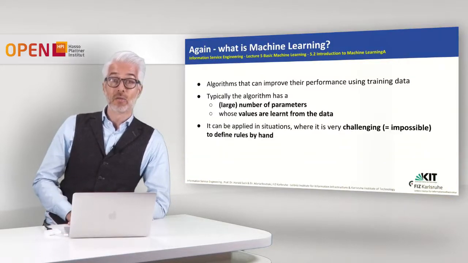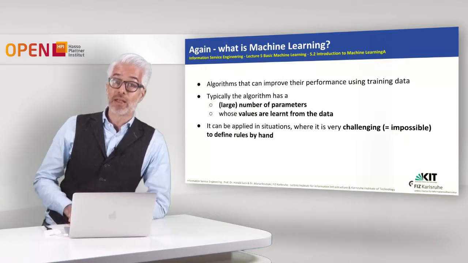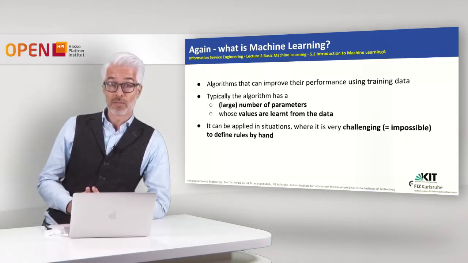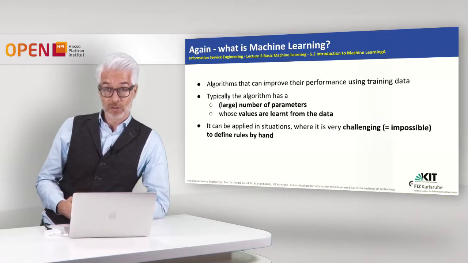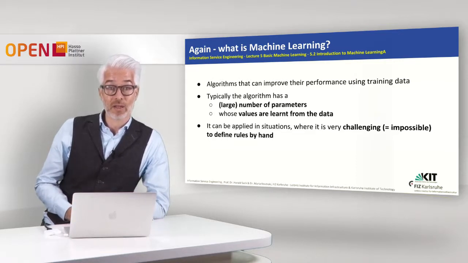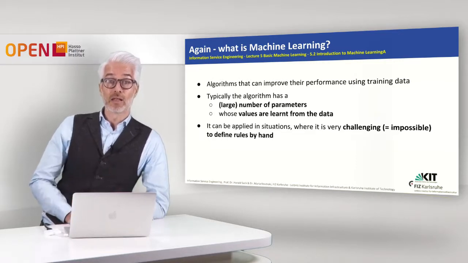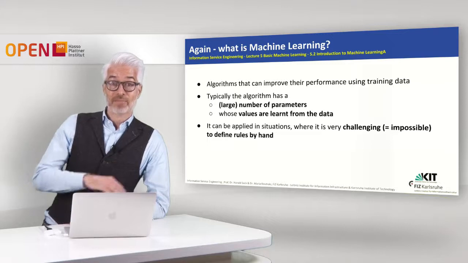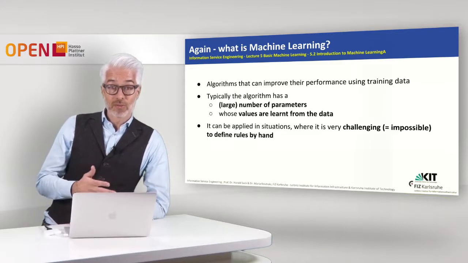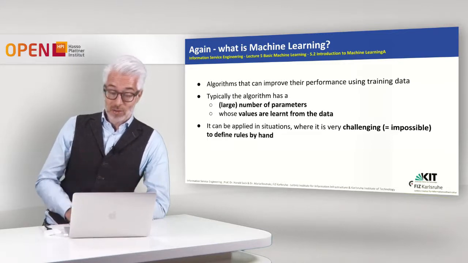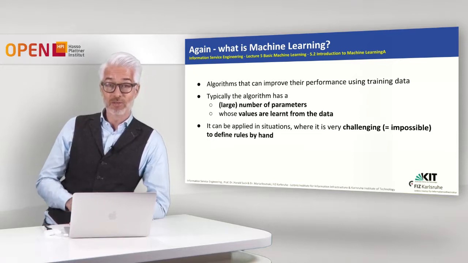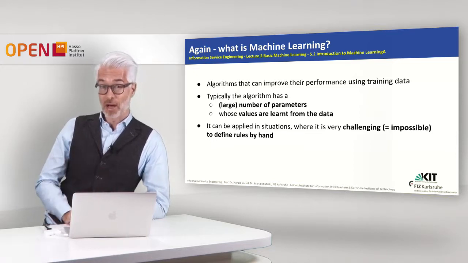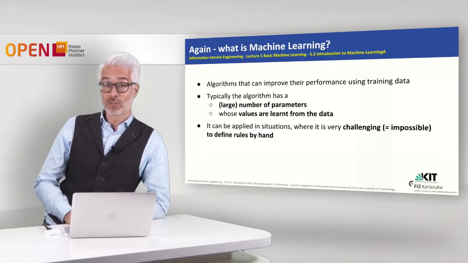Okay, again, what is machine learning? In general, you could say these are algorithms that can improve their performance by using training data. Typically, the algorithm has a large number of parameters and it's really difficult to learn, since the values are learned from the data, and there are situations where it's really challenging to define handcrafted rules for how these parameters should be interpreted.